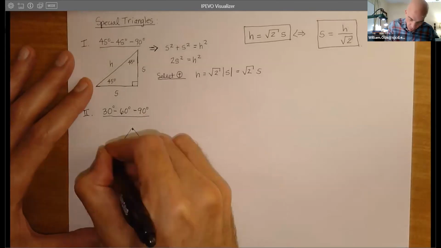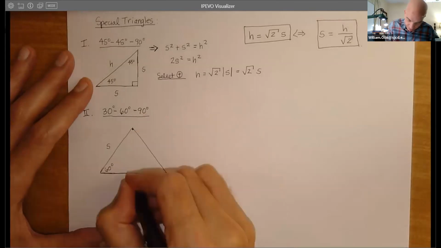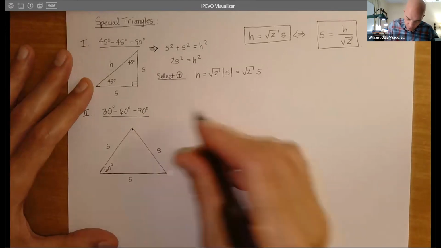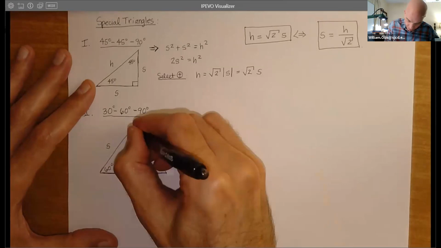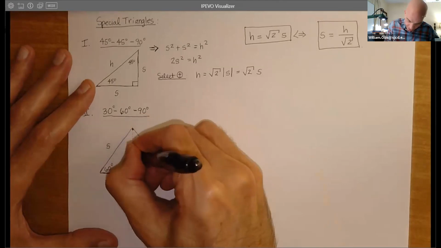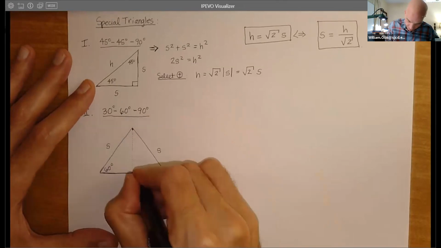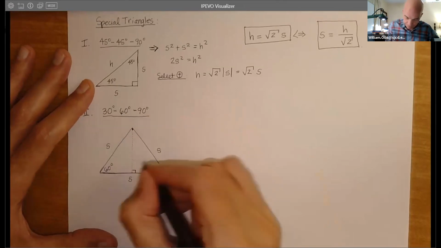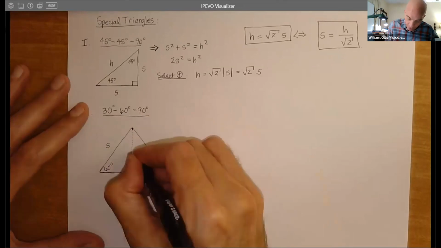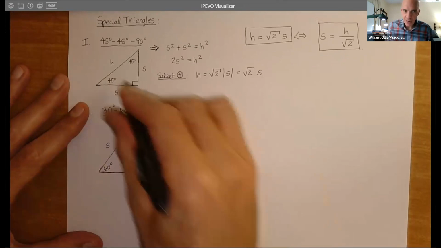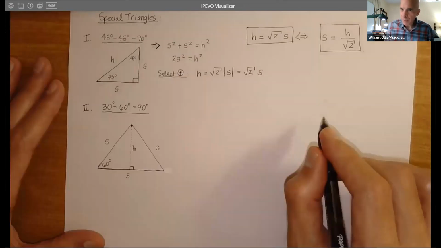So what we want to do first, we'll just call all of the sides S. And then to make this work, we're going to drop a perpendicular bisector. So we'll just call the height of the triangle H. Over there, we were thinking H was hypotenuse, but I guess it doesn't matter.